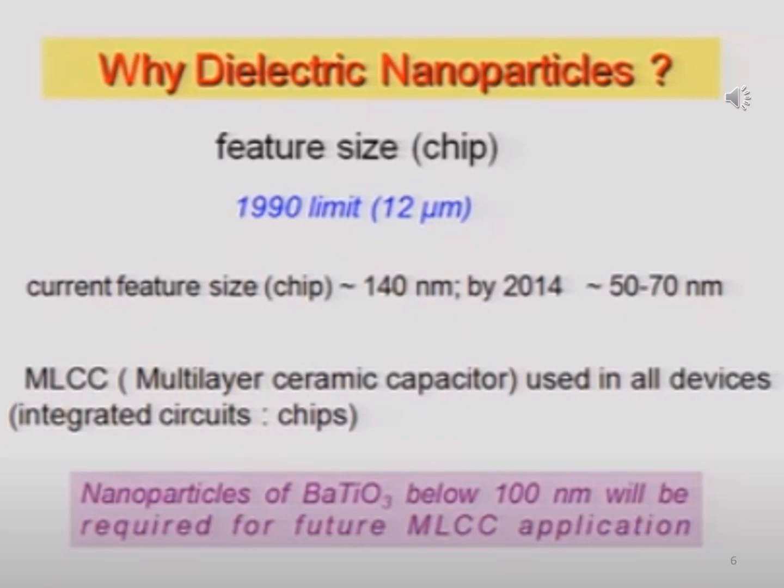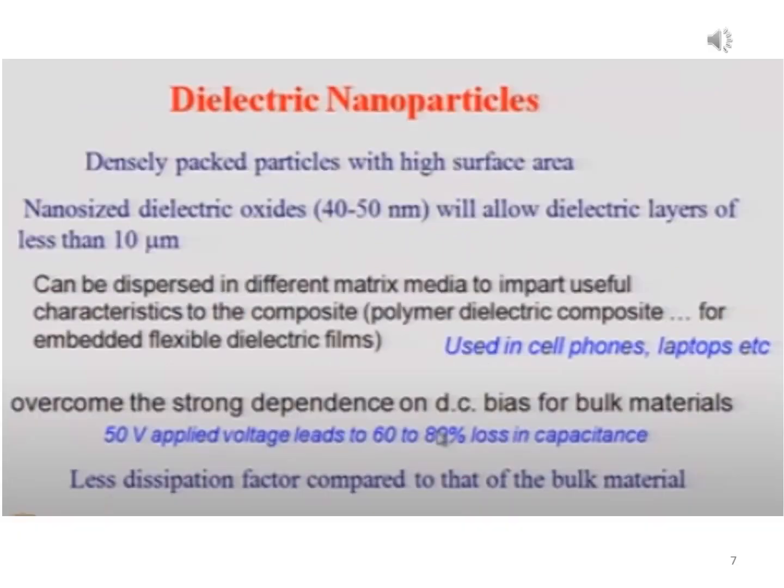If each layer is made up of barium titanate material, and if you use nanoparticles instead of micron size particles, then you will be able to put many such layers in one chip. Typical sizes below 100 nanometer will be required for such MLCCs or multi-layer ceramic capacitor applications.